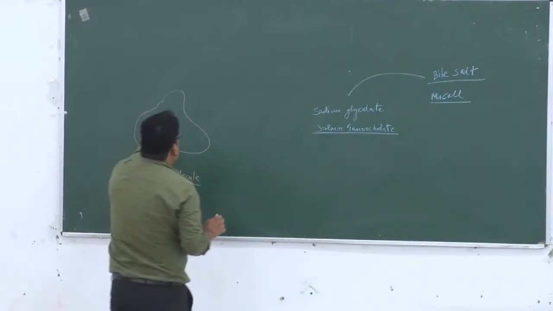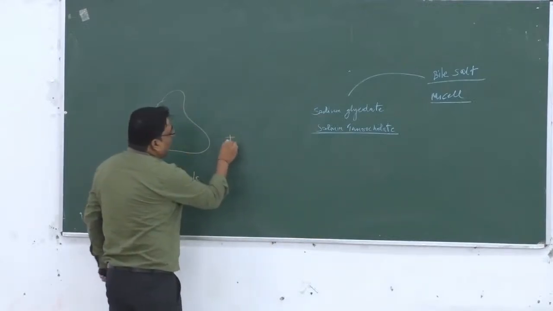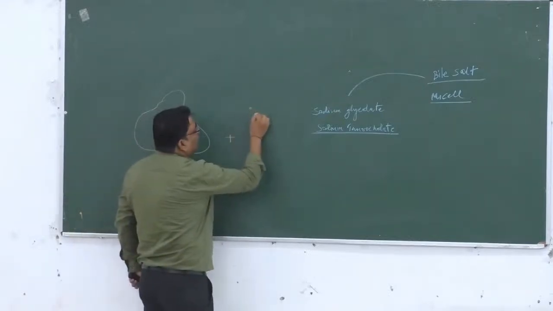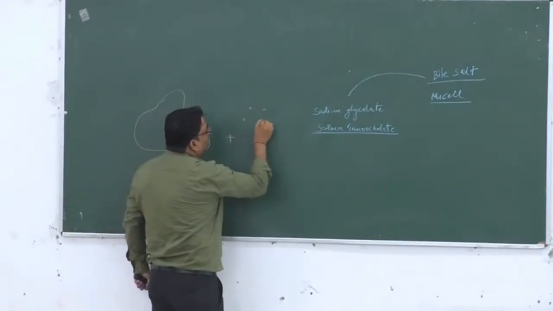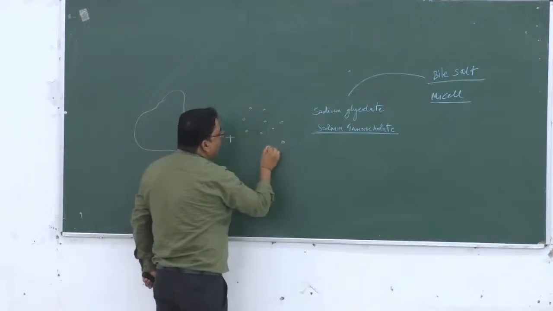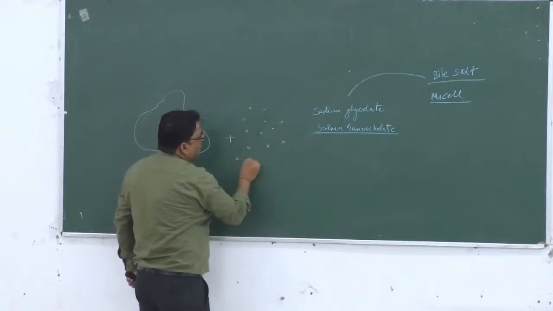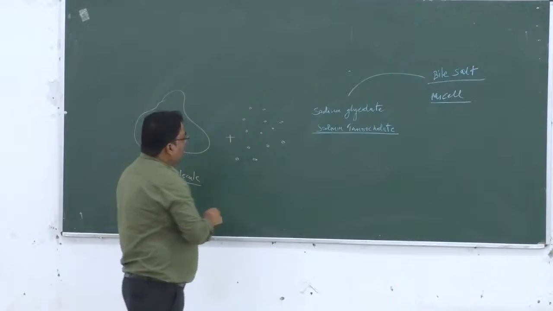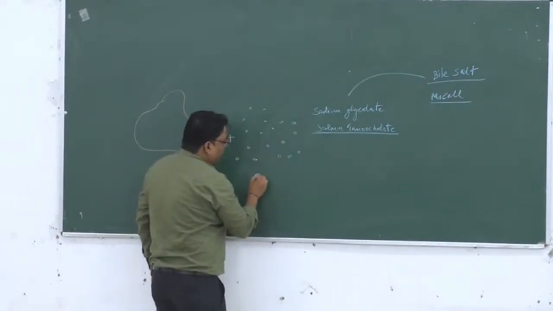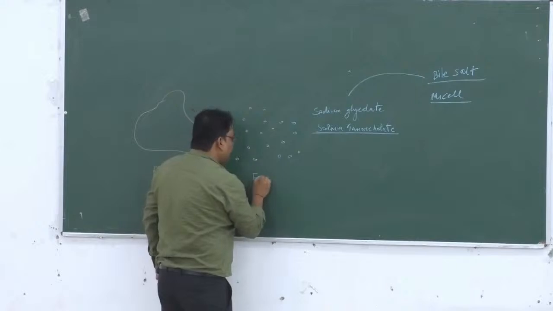Okay, these are the fat molecules, and these fat molecules are first converted into small droplets. These are the small droplets, and we call these fat droplets.